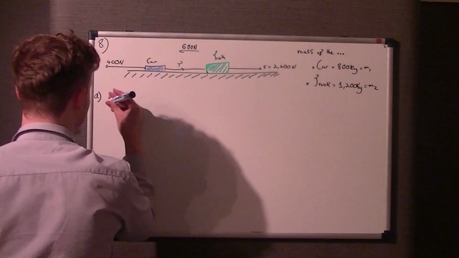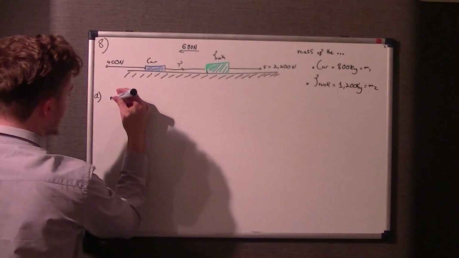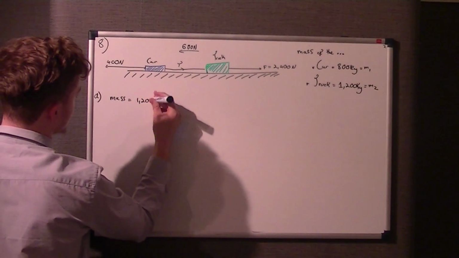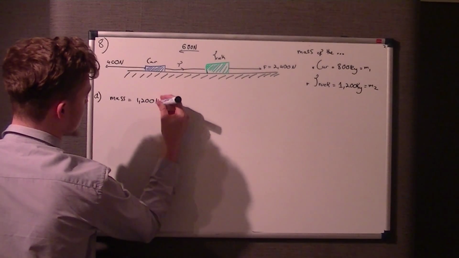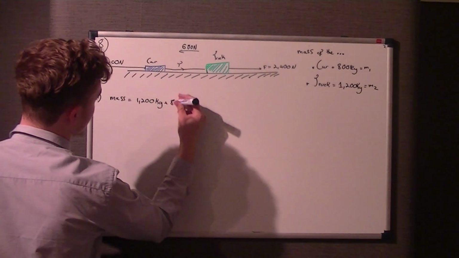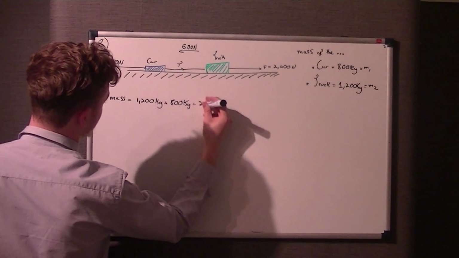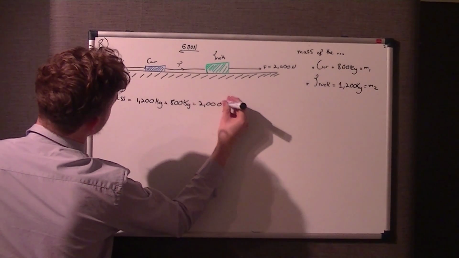So we know the total mass is the mass of the truck, which is 1,200 kilograms, plus the mass of the car, which is 800 kilograms. That's 2,000 kilograms.